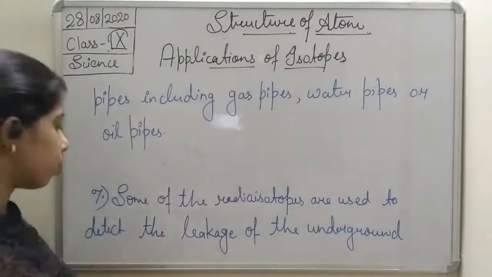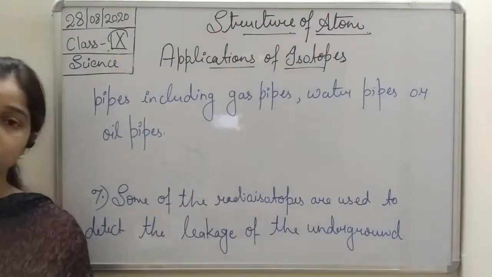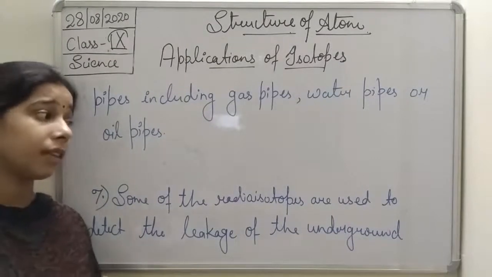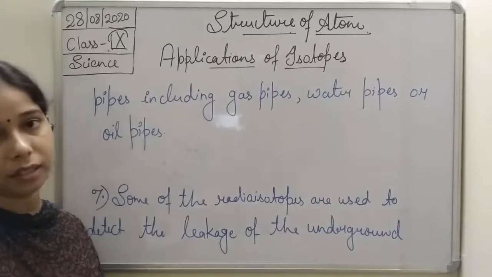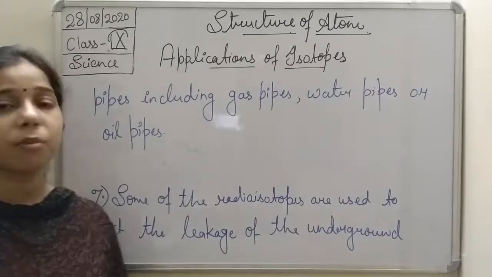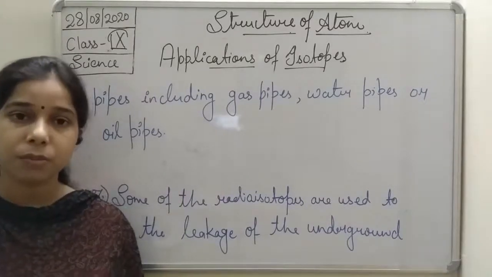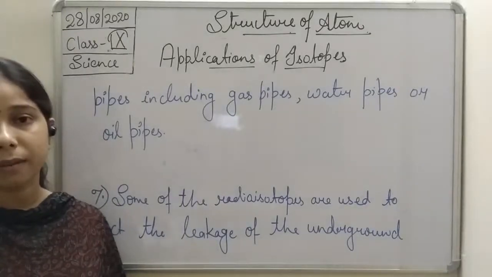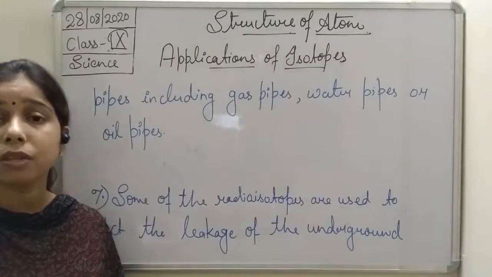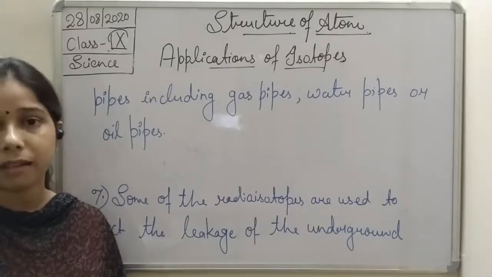So you see here, students, these radioisotopes are not only used in the medical field, but also in detecting leakage in oil pipes. So these are some of the applications of isotopes. Let me remind you again of all the isotopes, students. The first application is in the nuclear power plant as a nuclear fuel.